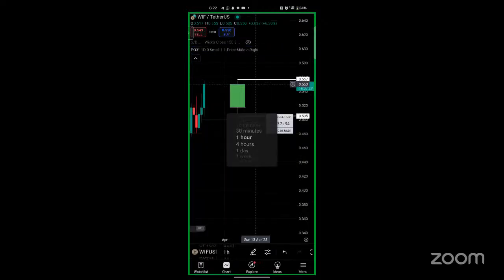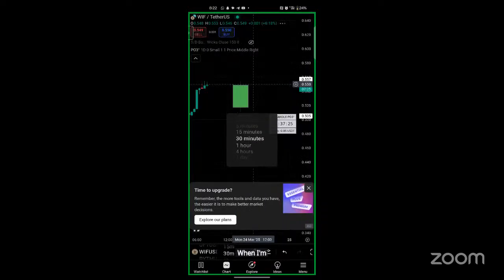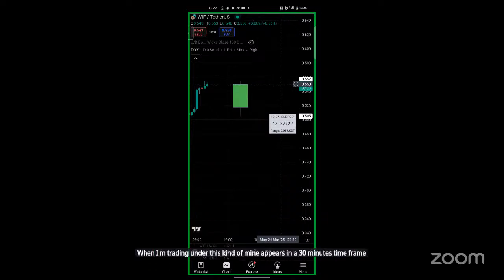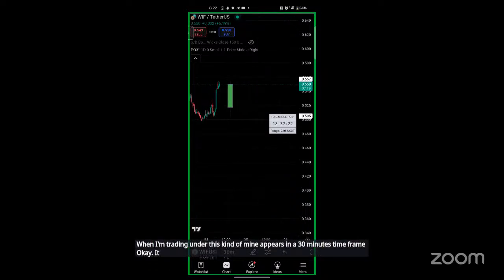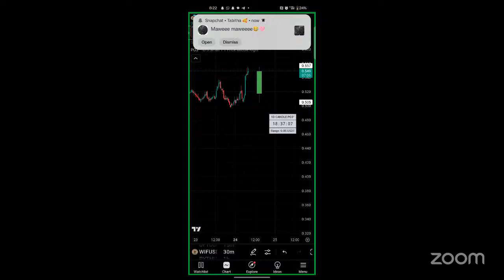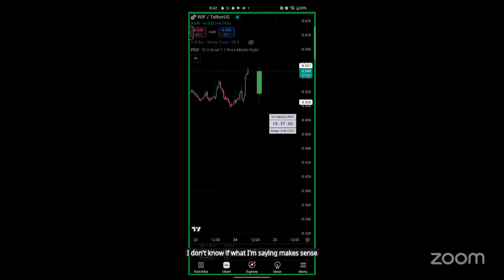When I'm trading, and this kind of line appears in a 30 minutes time frame, okay, it will always give me a better impression of what is happening in the big picture versus what is happening in the small picture. I don't know if what I'm saying makes sense. Let me know in the chat.